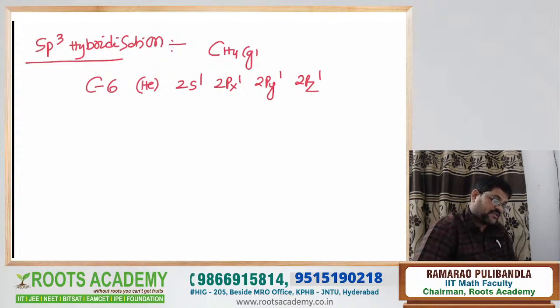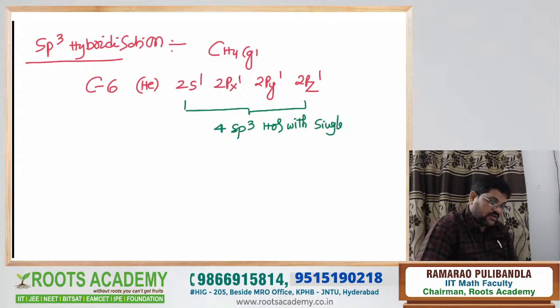Now what happens? You can take water, methane, or ammonia also, no problem. One s orbital and three p orbitals in the valence shell combine themselves and form 4 sp3 hybrid orbitals with a single electron each.